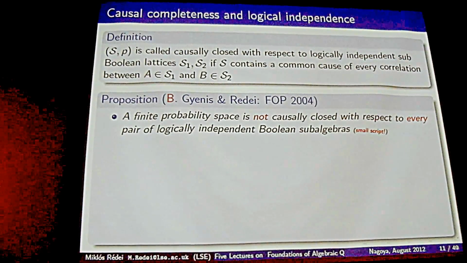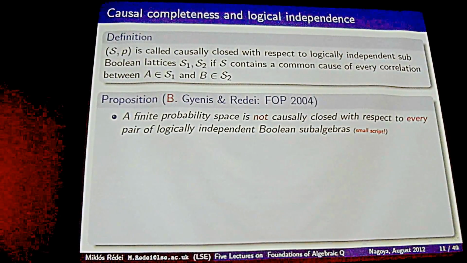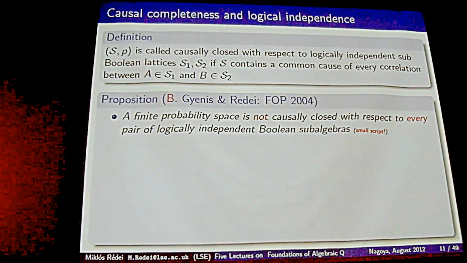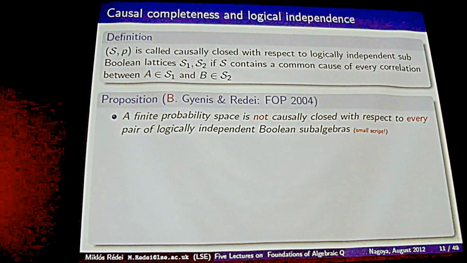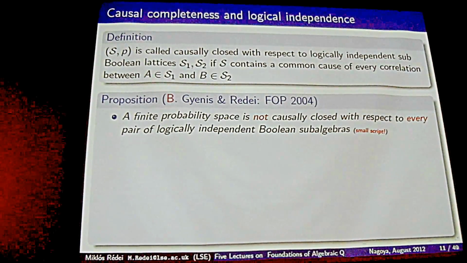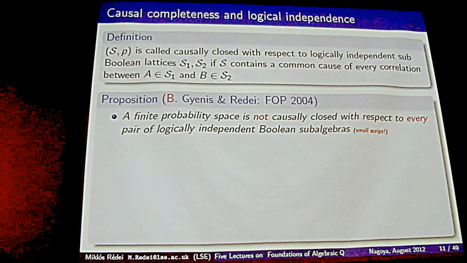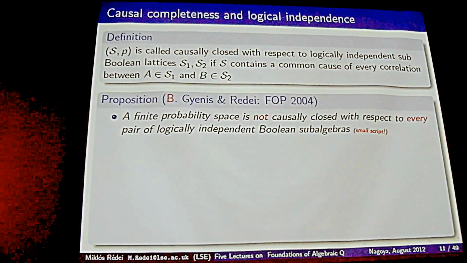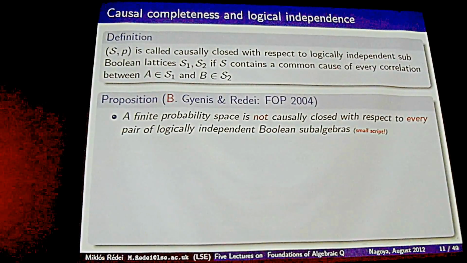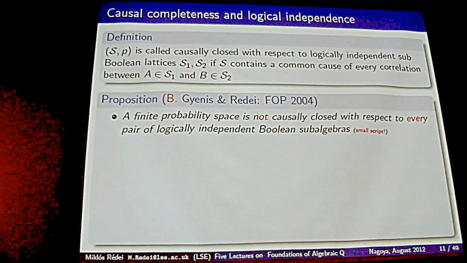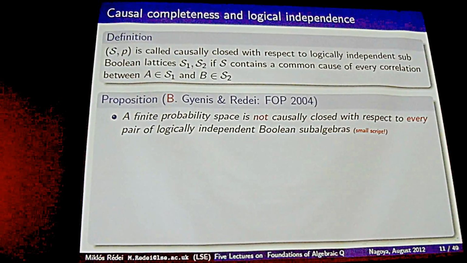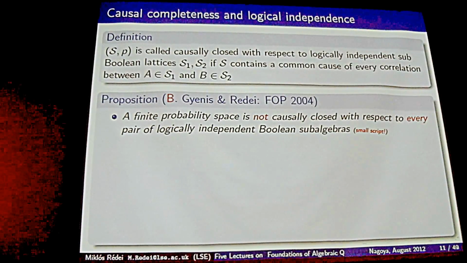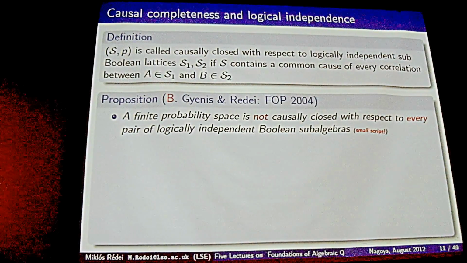Again, if you have a model of your world, of your physical situation, which is such that the probabilistic model is finite in the sense of the Boolean algebra having finite cardinality, a finite number of elements, then that probability theory is not causally closed with respect to every logically independent Boolean sublattice.